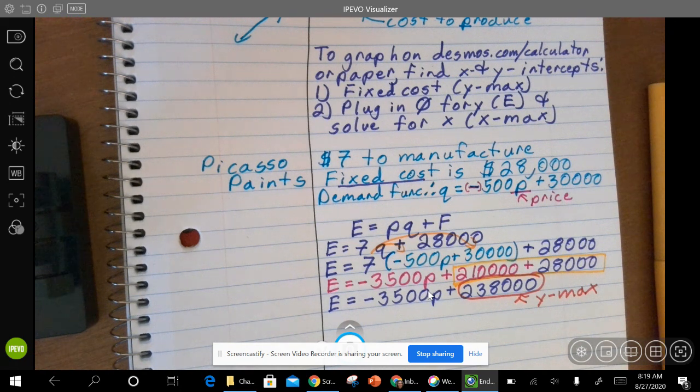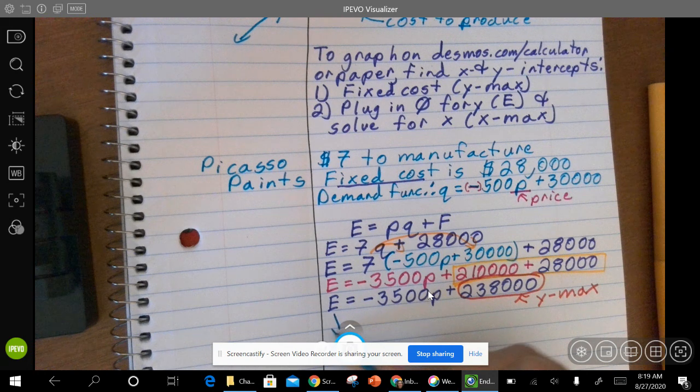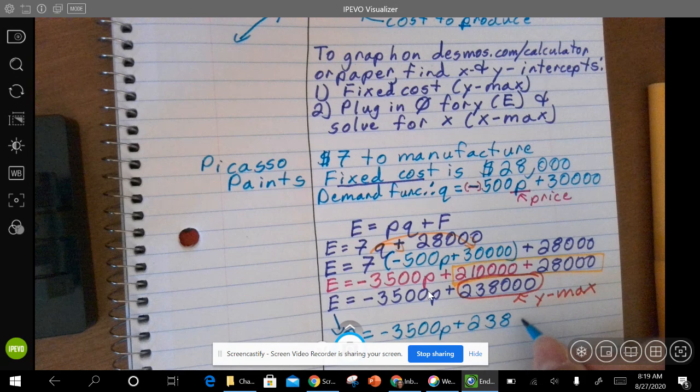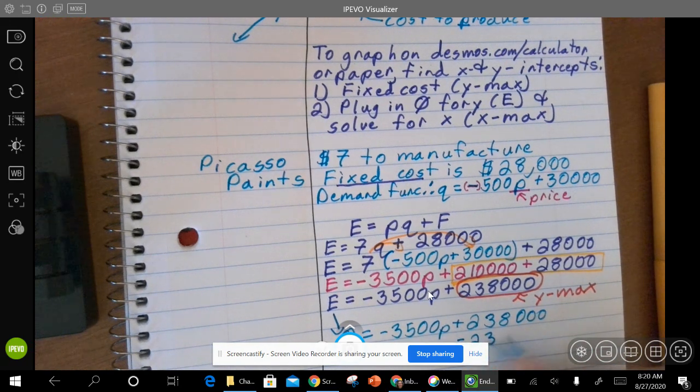We substitute in 0 for E. Then I'm going to subtract the 238,000 from each side.